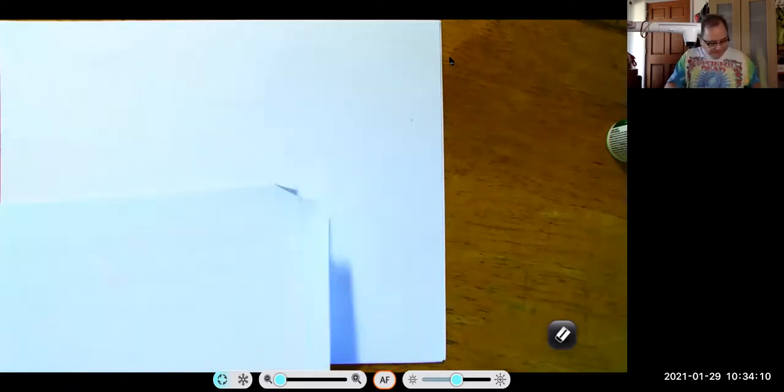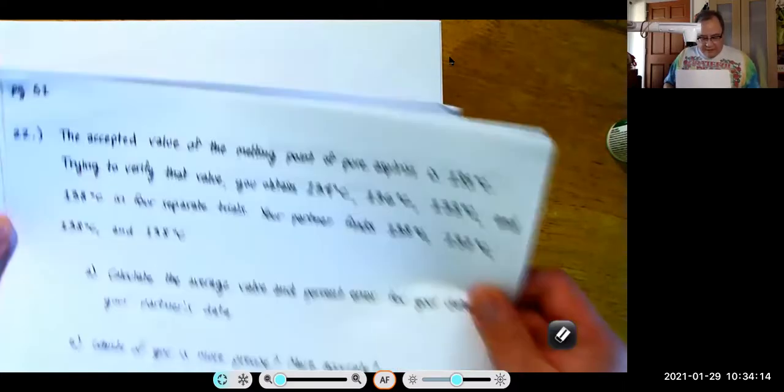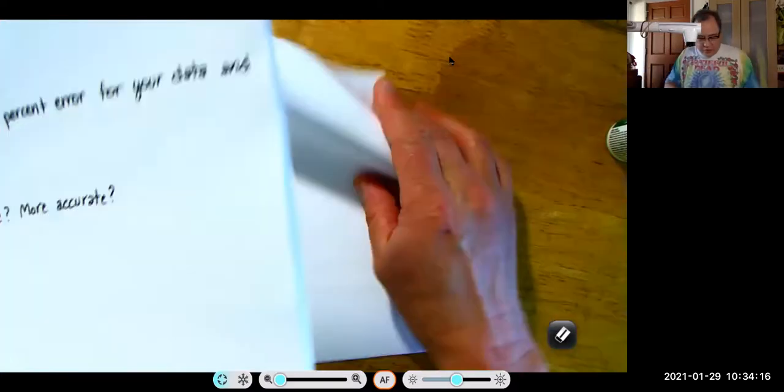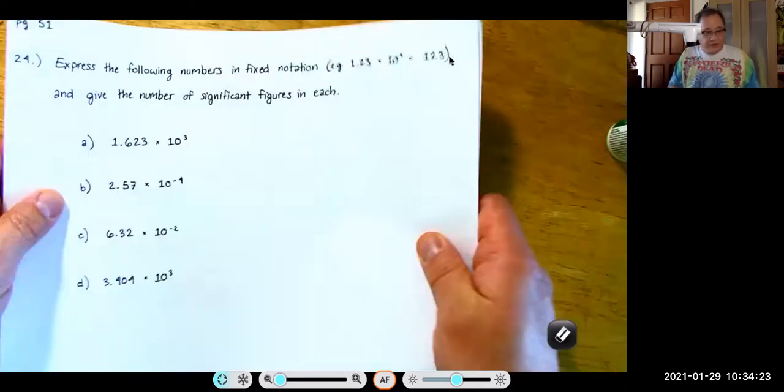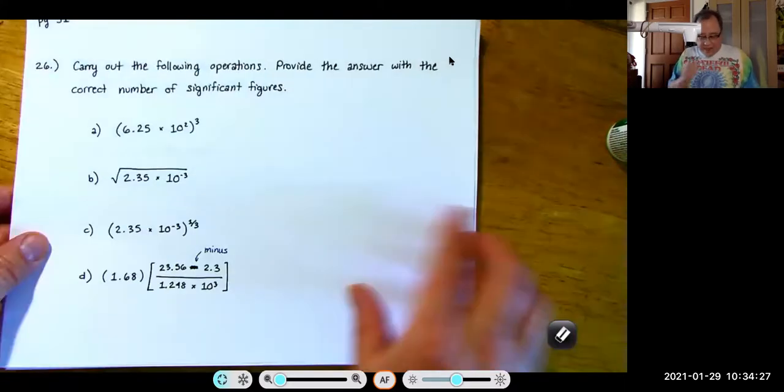So let's go ahead and take a look at some problems from the book. I believe we had looked at 22 already. I believe we've looked at 24 also. And 26 we did.